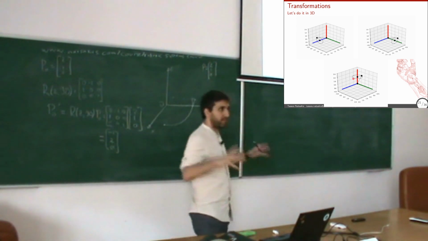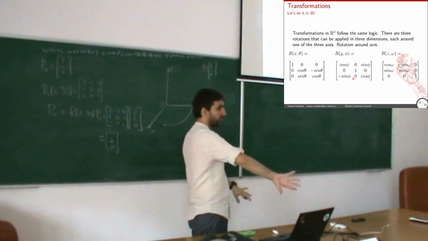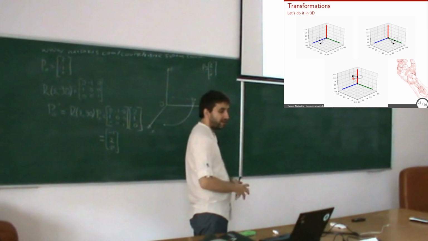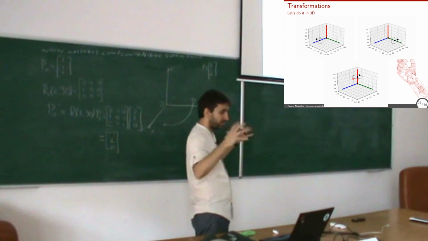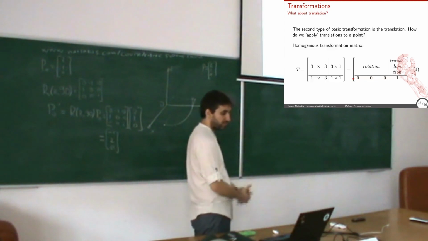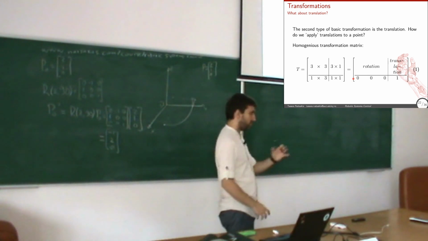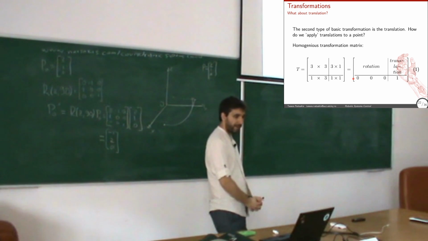Therefore we need to extend a bit, because this is just for rotation, not for translation. We define another type of transformation matrix, called homogeneous, where part of it is about the rotation and part of it is about the translation.